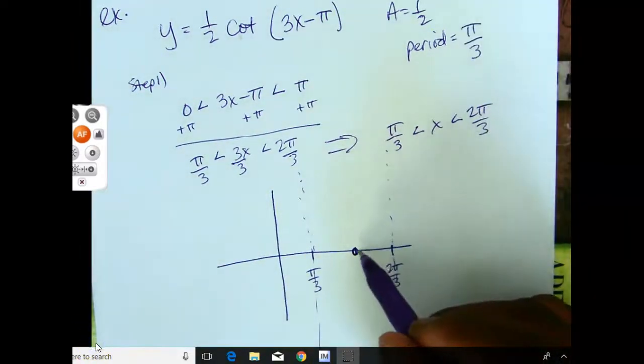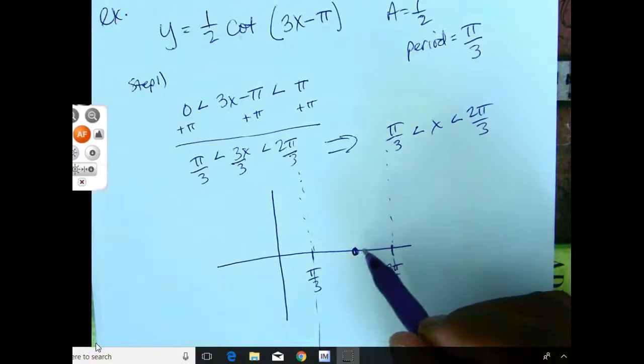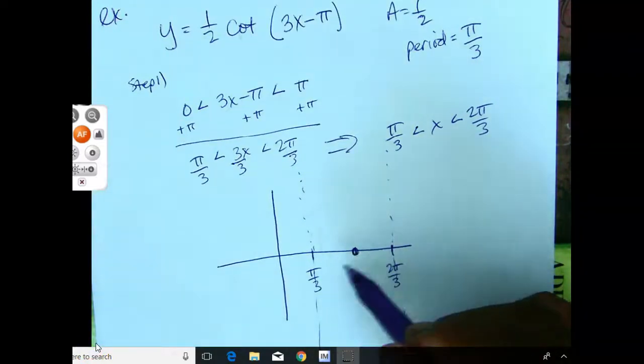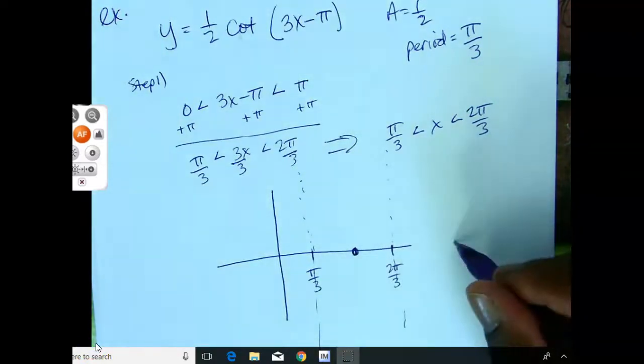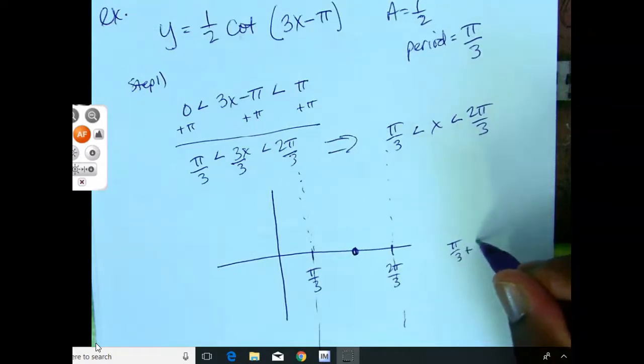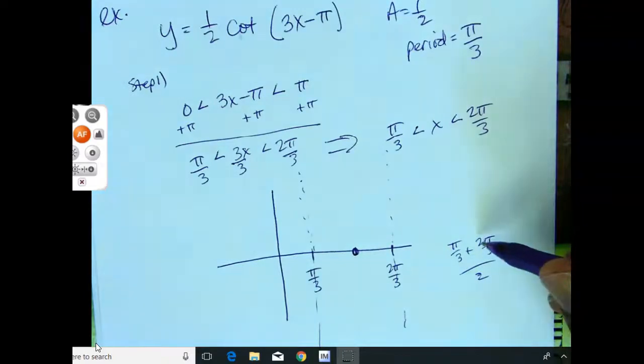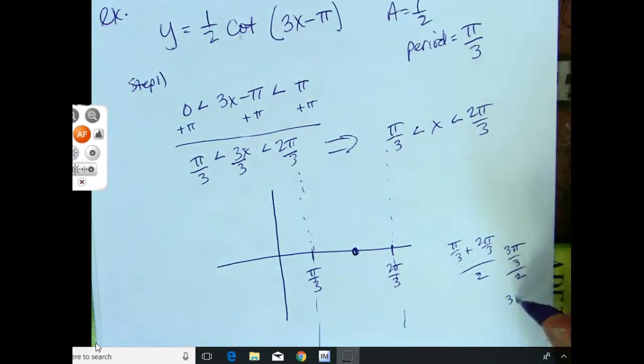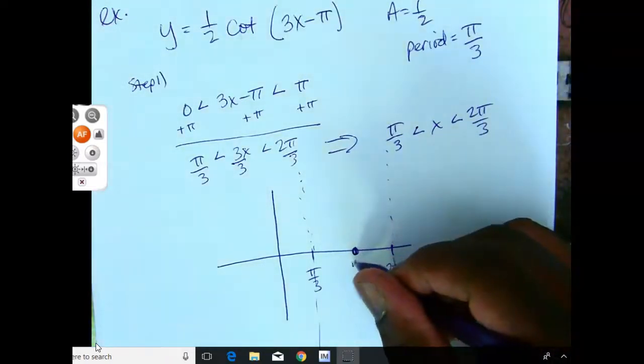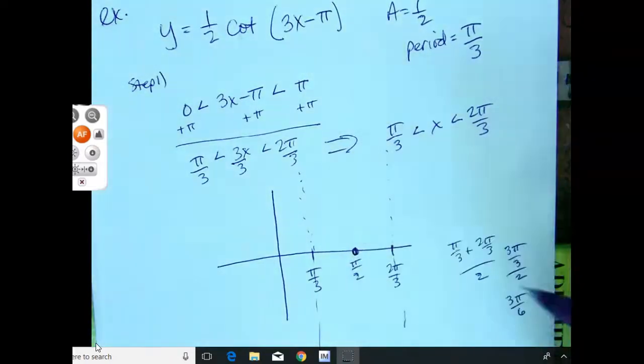Well, it's the midpoint between pi over 3 and 2 pi over 3. So pi over 3 plus 2 pi over 3 divided by 2 will give us the midpoint. So this is 3 pi over 3 divided by 2, which is 3 pi over 6, which is pi over 2. Alright, so that's our midpoint there.